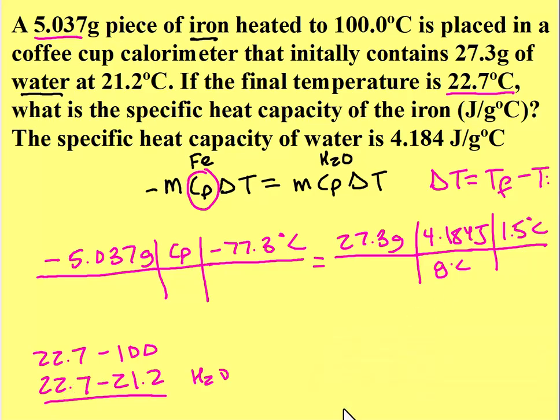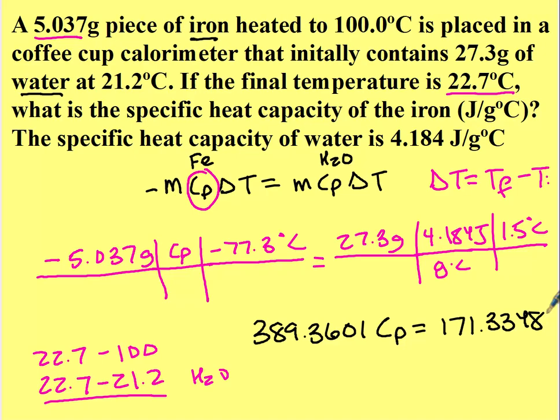So then, if you multiply the left side, I get 389 Cp is equal to, and then I multiply everything on the right. And then to solve for Cp, I divide by 389.